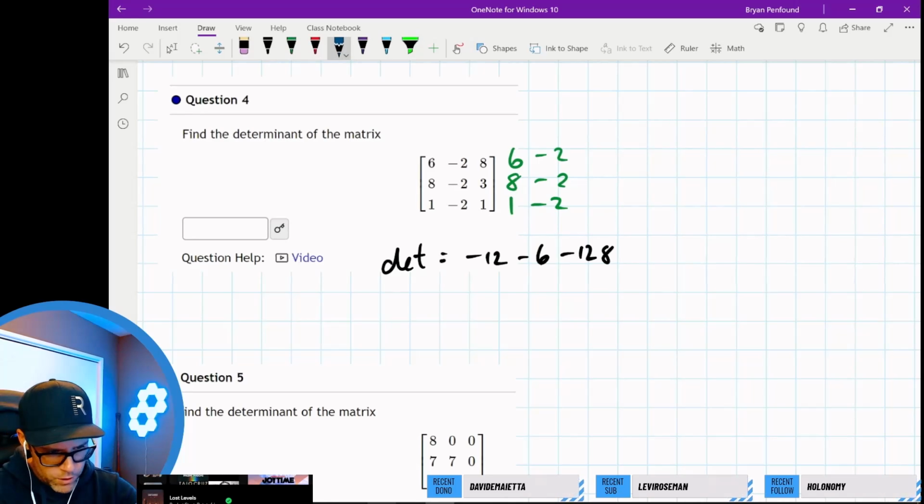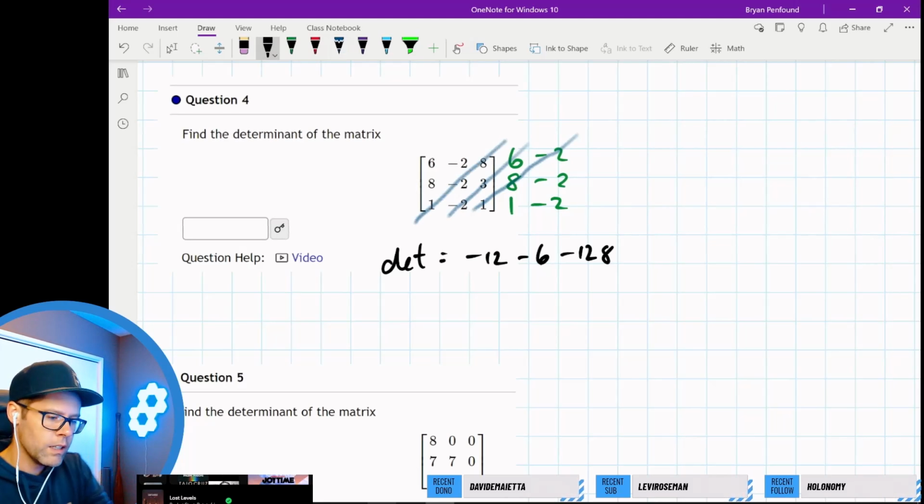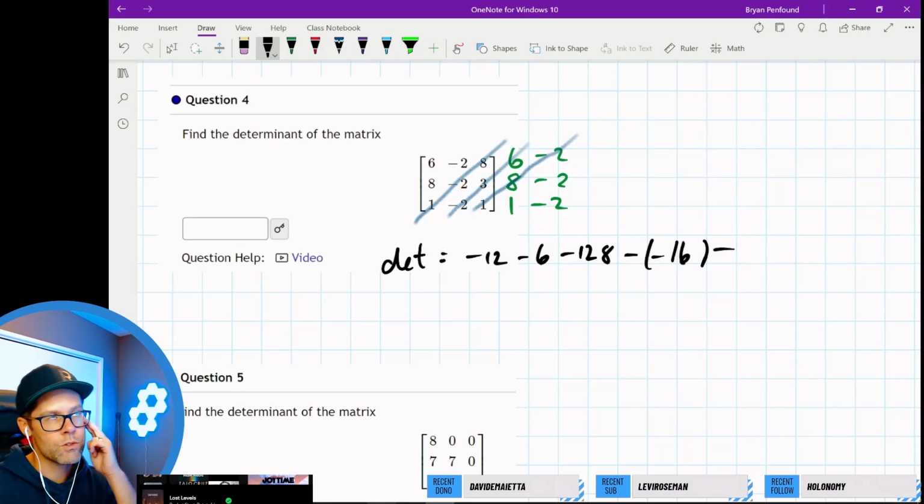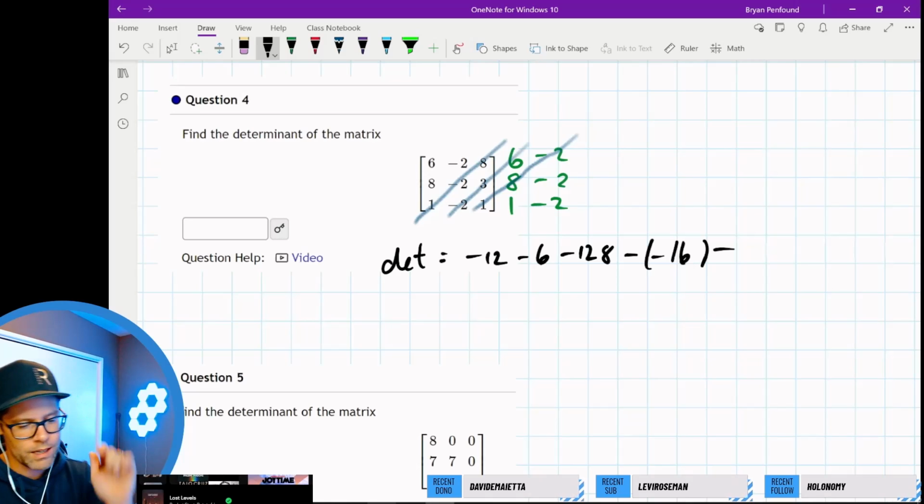And then we come back and we do the same thing. We just have to subtract these 3 numbers. So our first subtraction should be -16. So -2 times 8 times 1. So subtract -16. And then we subtract 6 times 3 times 2. So 18 times 2. Is that 36? -36.